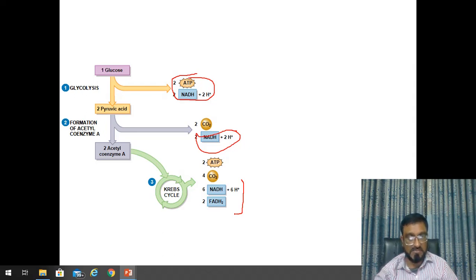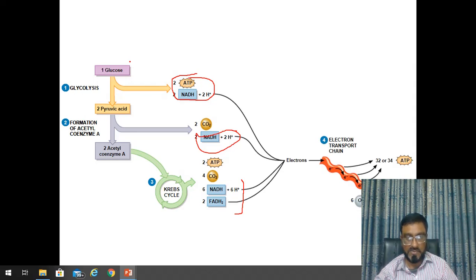This is the brief summary of all the things we will discuss for the energy liberation reactions from carbohydrate. Glucose is a monosaccharide carbohydrate. Look at this NADH, this NADH, this NADH, and this FADH going to the electron transport chain for generation of ATPs.